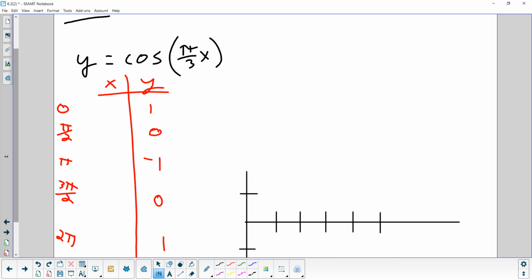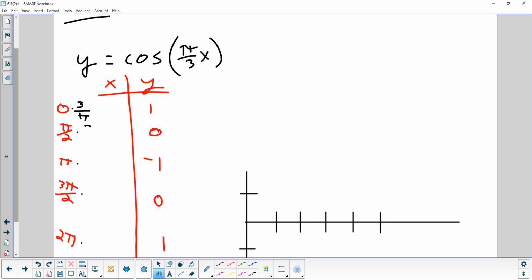And what am I going to do to all those x values? John? You're going to divide them by pi over 3. Divide them by pi over 3, or multiply them by 1 over pi over 3, which is? Can you simplify 1 over pi over 3? 3 over pi.